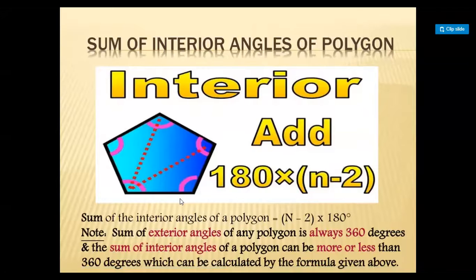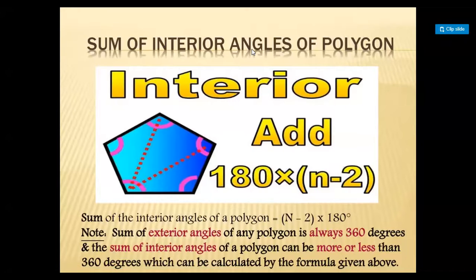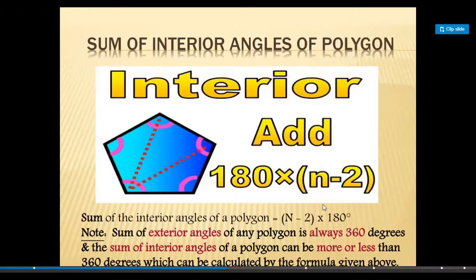One more formula you can write. If you multiply this (n minus 2) with 2, the formula will become 2n minus 4. This formula must be given in your book. Yes, write down this formula. We have another formula.